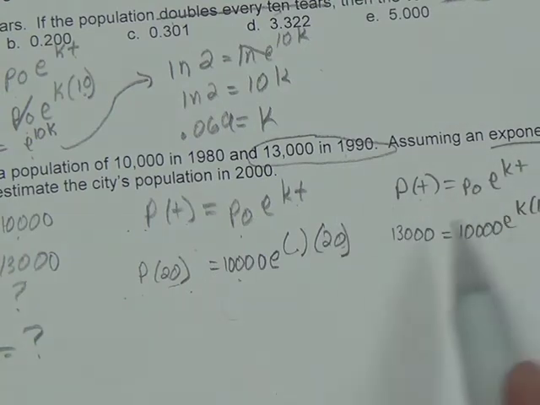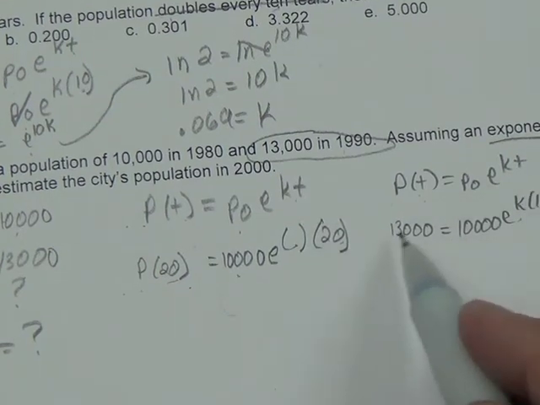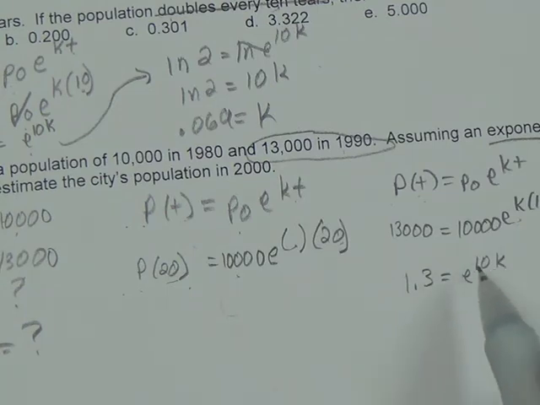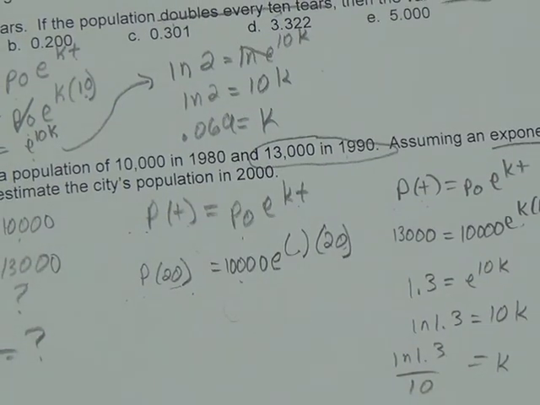And what we now have is a little equation here that you can use to solve for K. We would want to divide by the 10,000, and it gives you 1.3 equals e to the 10k. Take the natural log of both sides, so you'll get the natural log of 1.3 equals, it cancels out the e, 10k. K equals the natural log of 1.3 divided by 10.